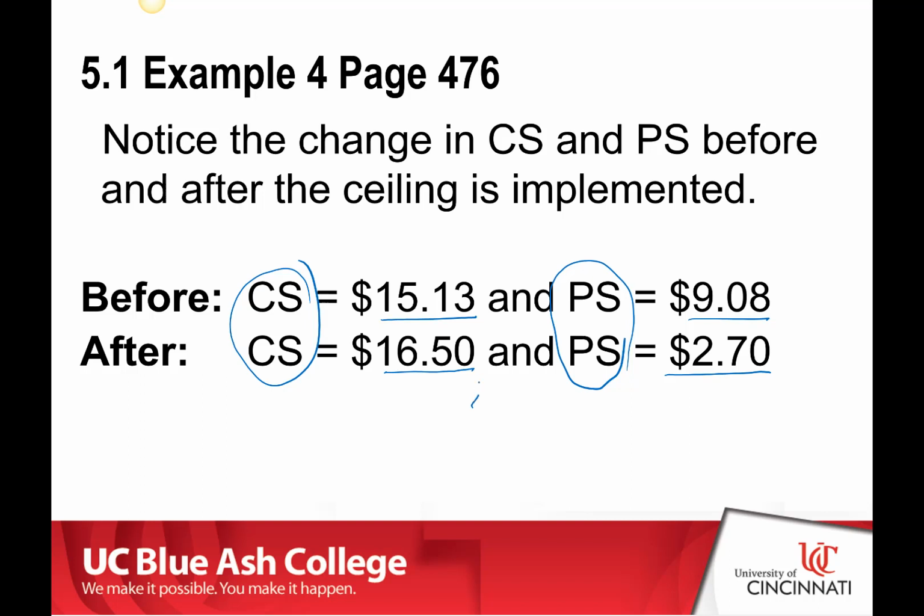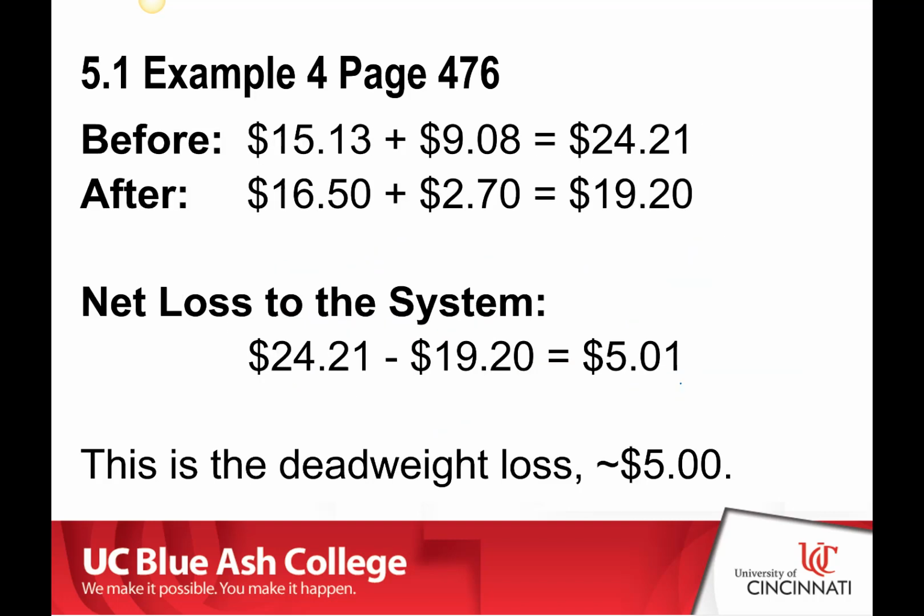We see that on the before-after side for the consumer, they gain a little bit of money. On the before-after side for the producer, they lose a chunk of money. If we look at the total amount of money in surplus before things were implemented, there was a total of $24.21 of surplus money in the system.